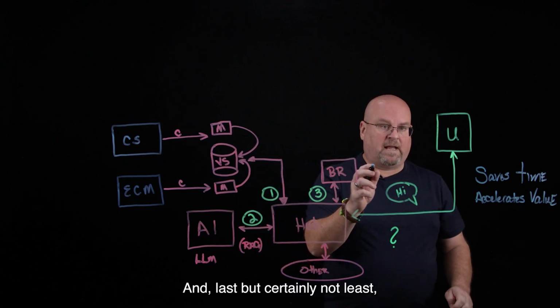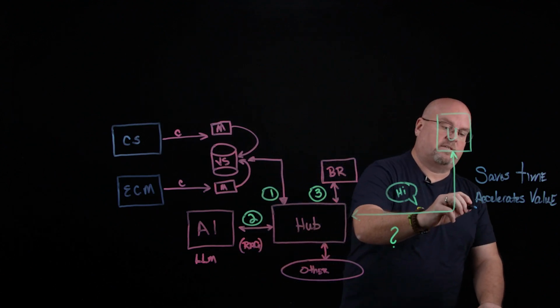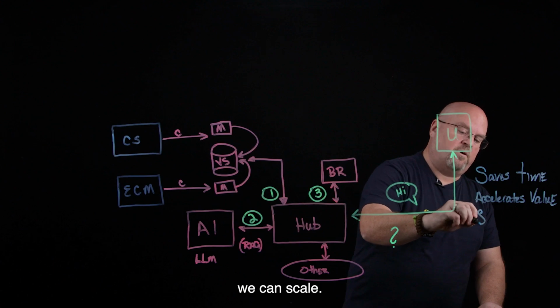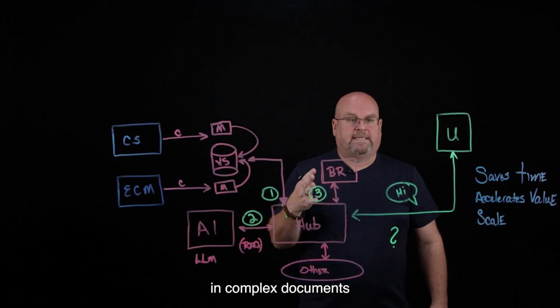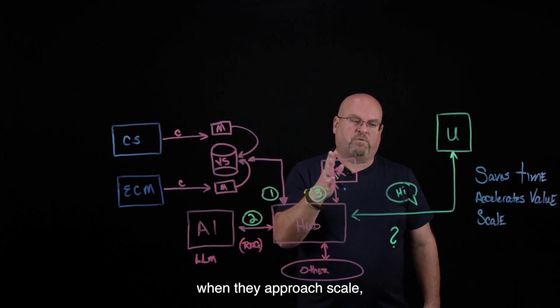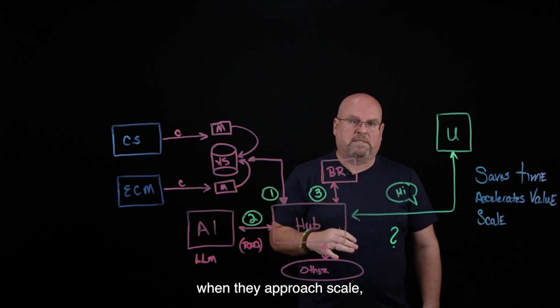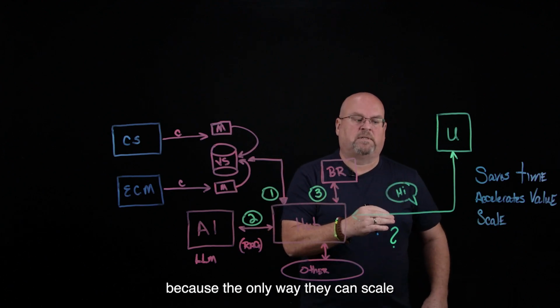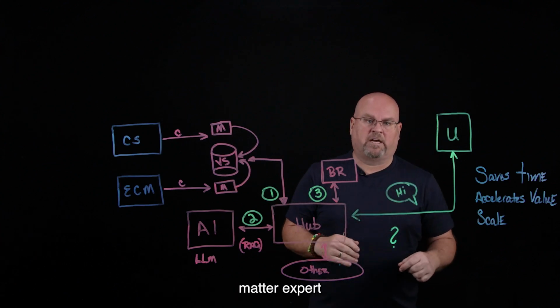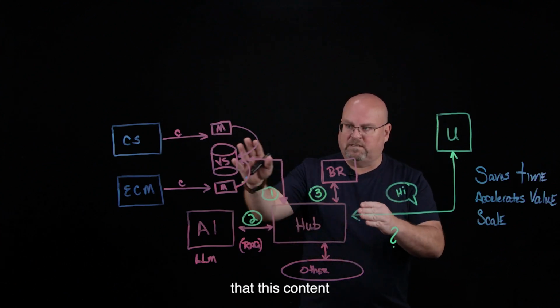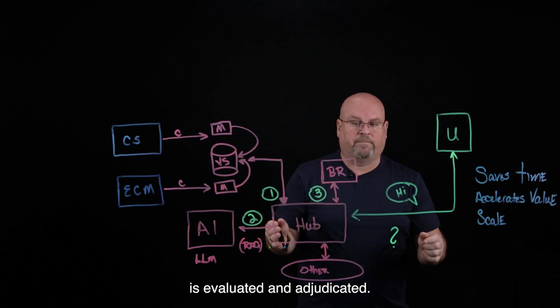And last but certainly not least, we can scale. Many organizations have trouble in complex documents when they approach scale, because the only way they can scale is to actually add people, because it's really through the subject matter expert that this content is evaluated and adjudicated.